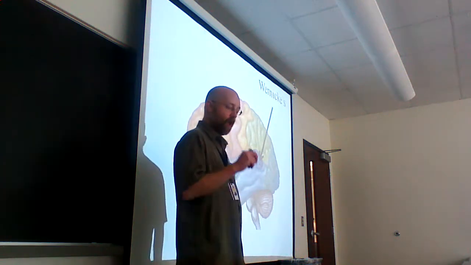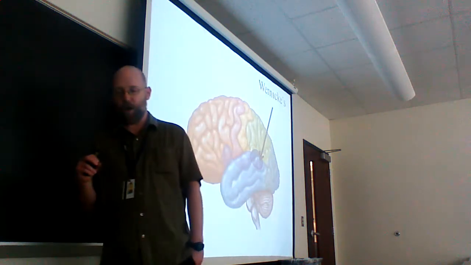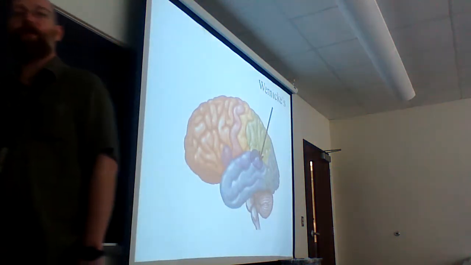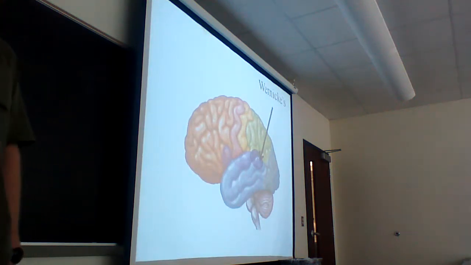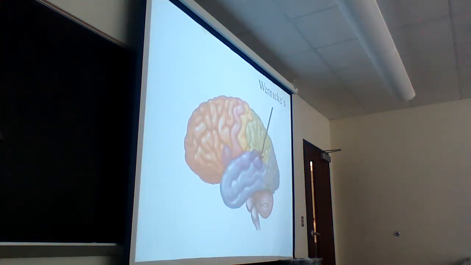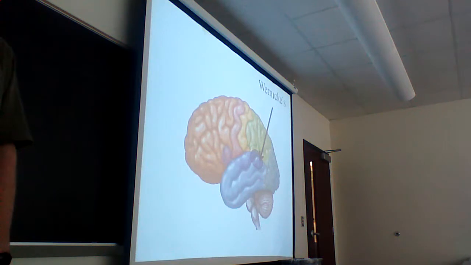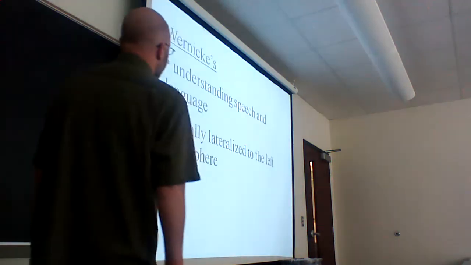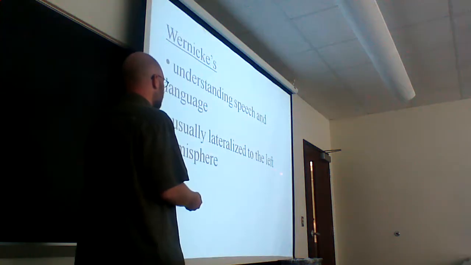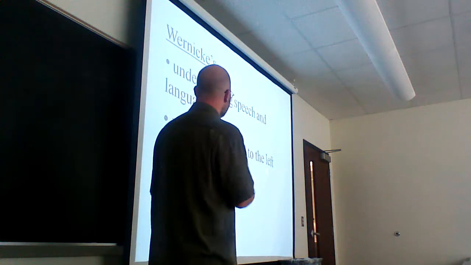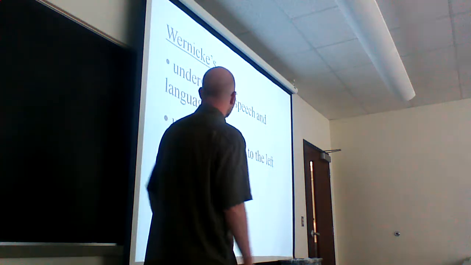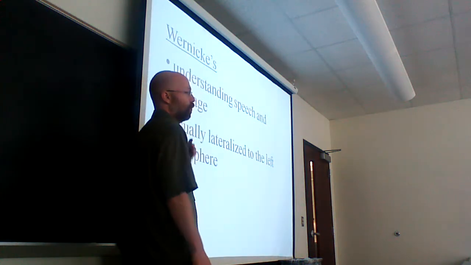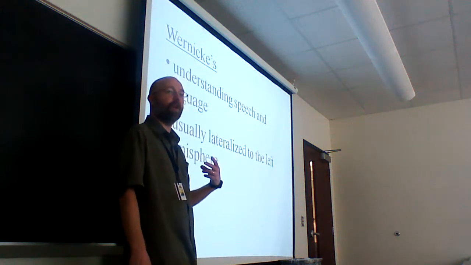This is where we are interpreting the significance of a lot of language functions. This is our ability to understand communication, written and verbal. So, usually left lateralized as well. Speech and language functions. Not the motor component, but the actual cognitive understanding of speech and language.